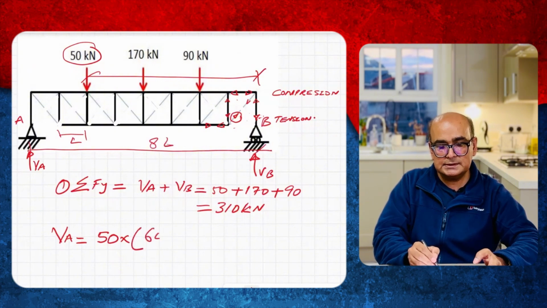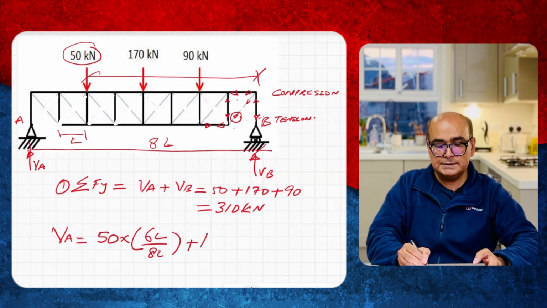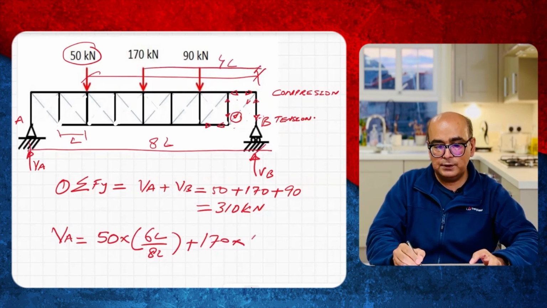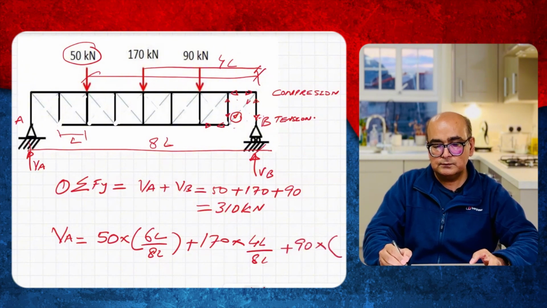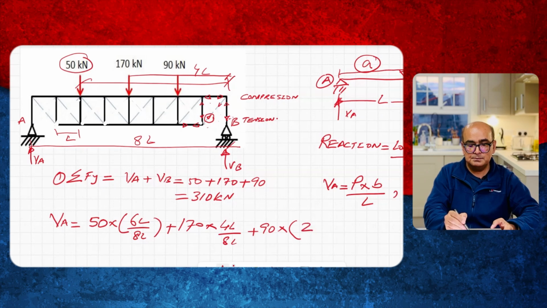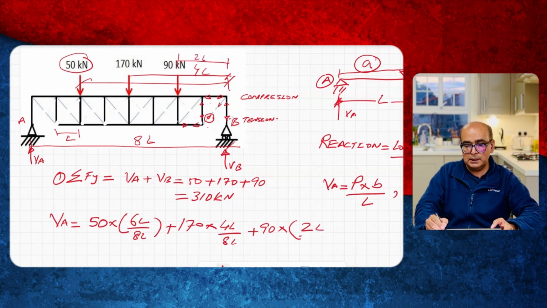So it will be 6L divided by 8L plus 170 times the distance from 170 to the end, which is half distance, 4L divided by 8L, plus 90 times 2L. Distance from 90 to B is simply 2L. So 2L divided by 8L.